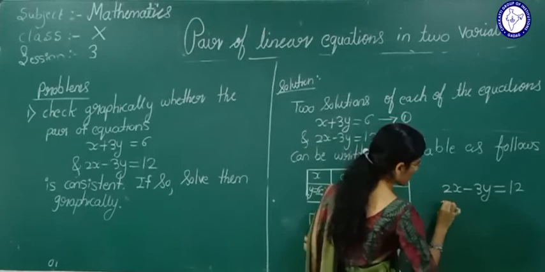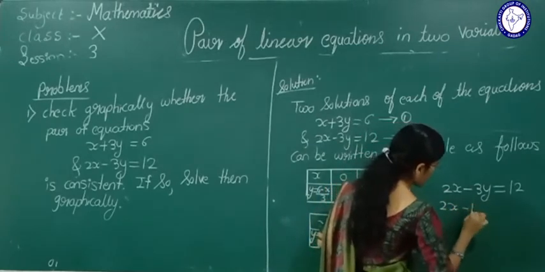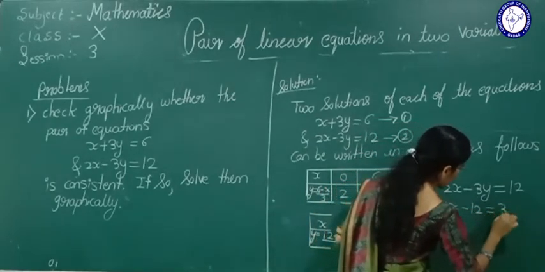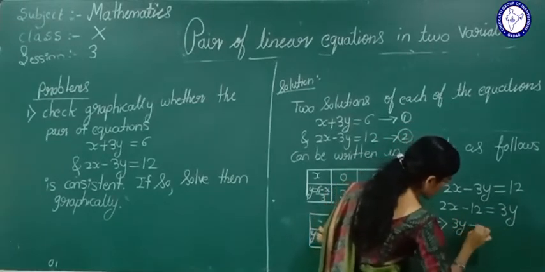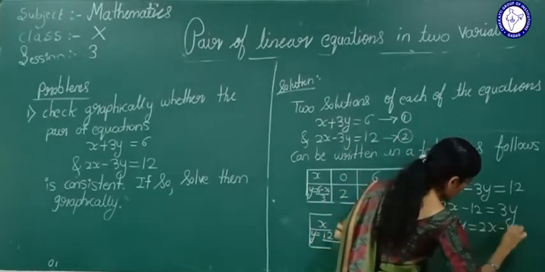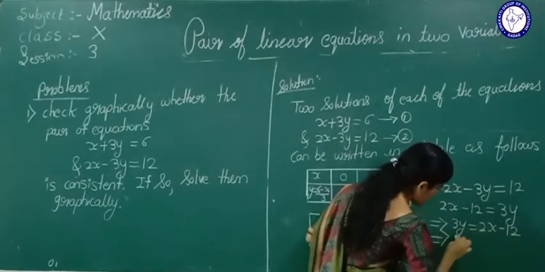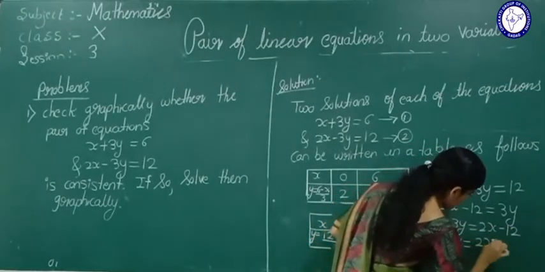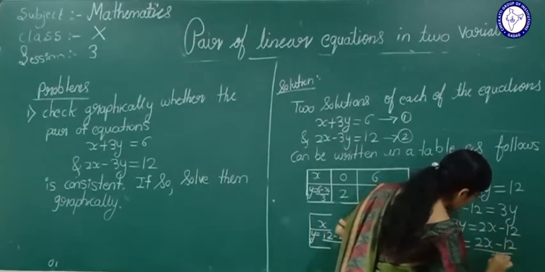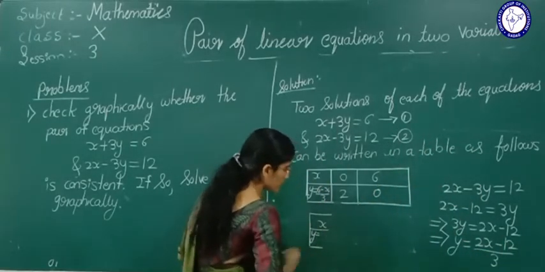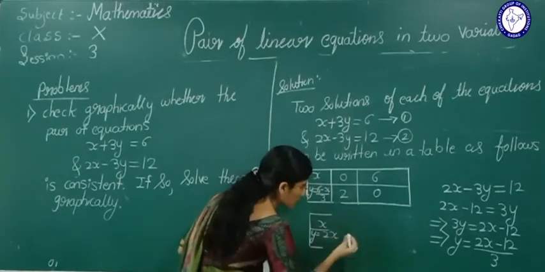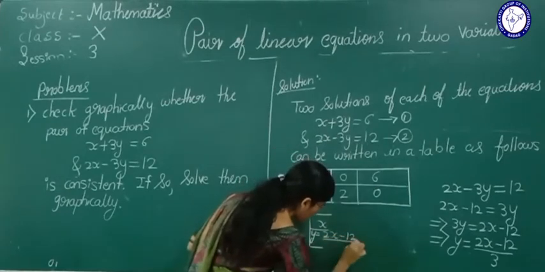This implies 3y is equal to 2x minus 12. This implies y is equal to 2x minus 12 divided by 3. So this we will write here. What is the value of y? 2x minus 12 by 3.